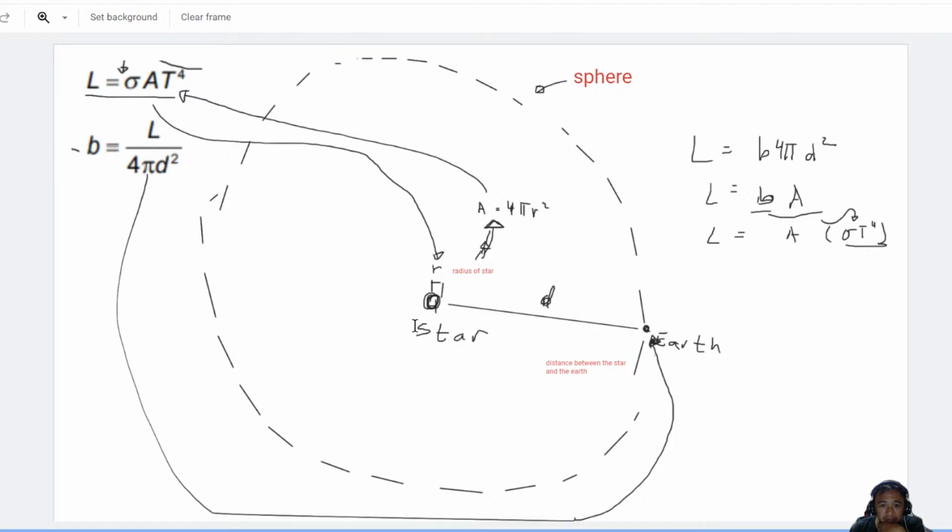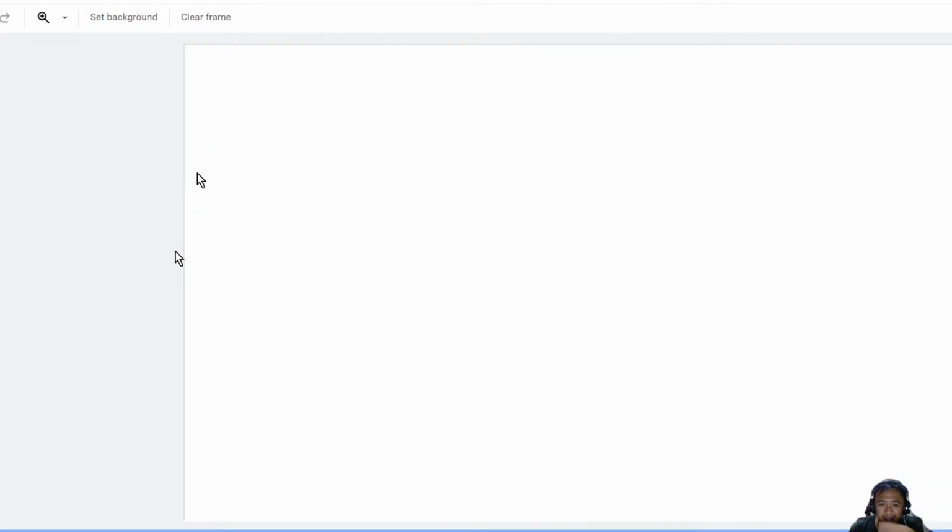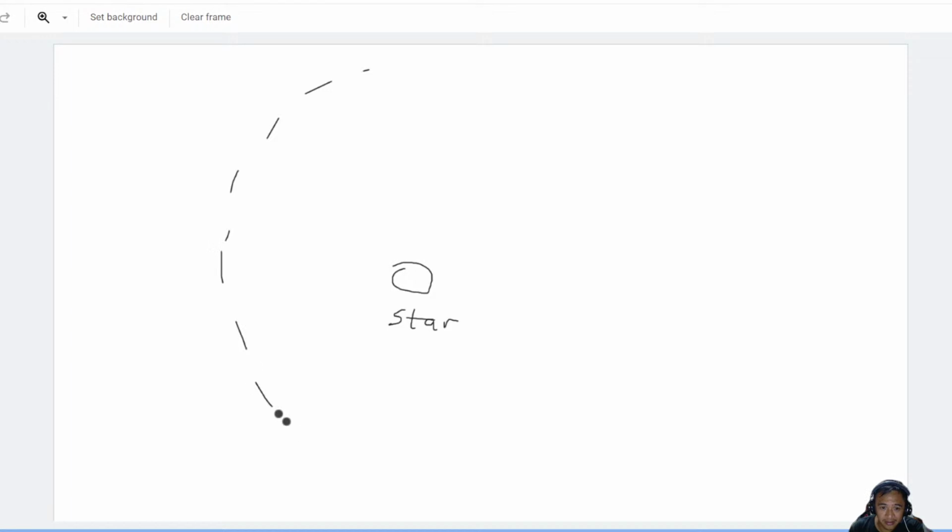Luminosity, apparent brightness. Or here's a better explanation of it. I think this is not quite so obvious, so this is the better explanation. You can think of it like this. This is again the star, and again we have that sphere around the star, and then this is the earth.